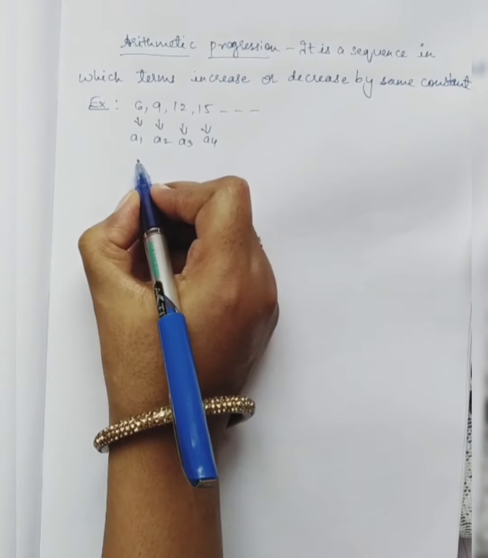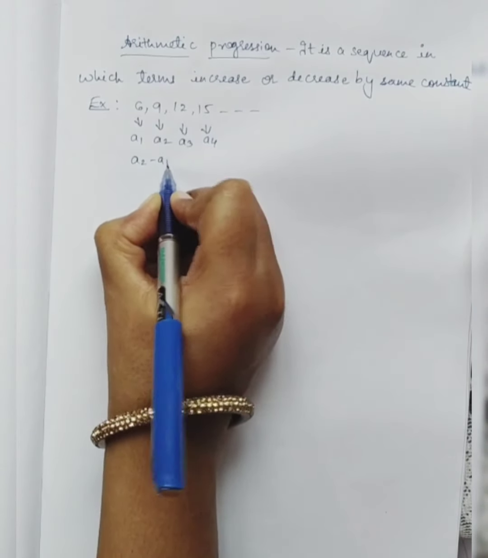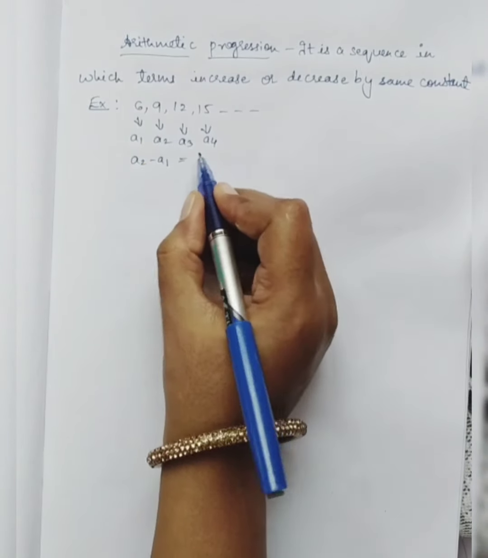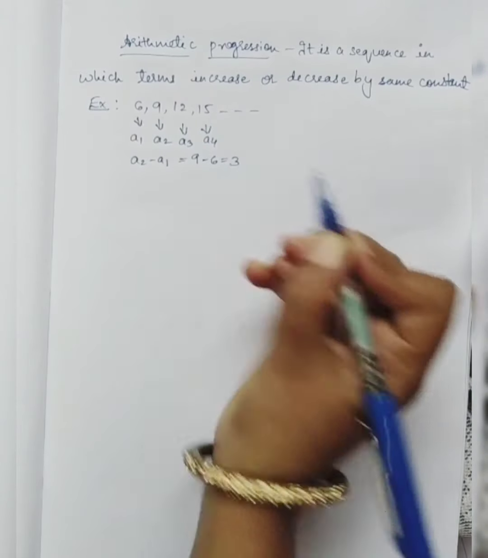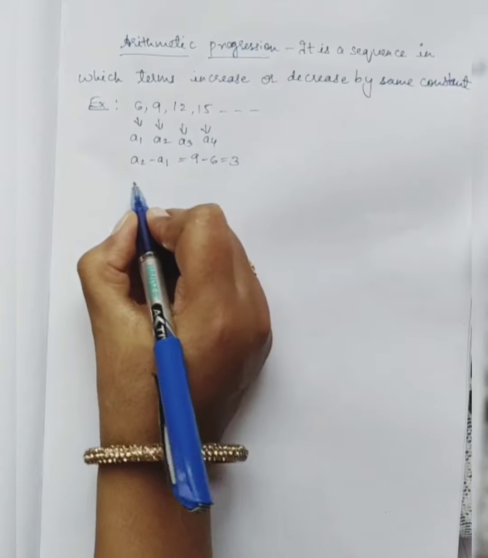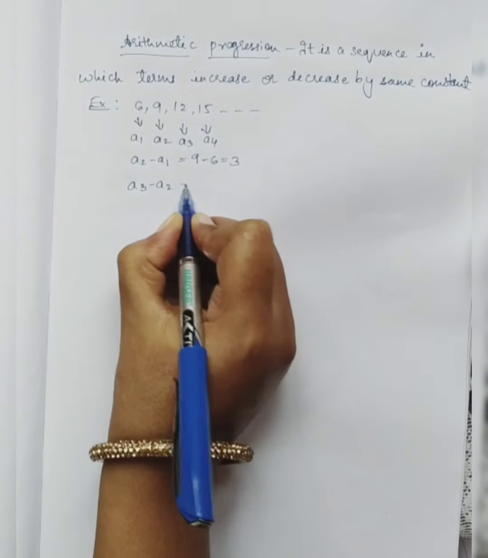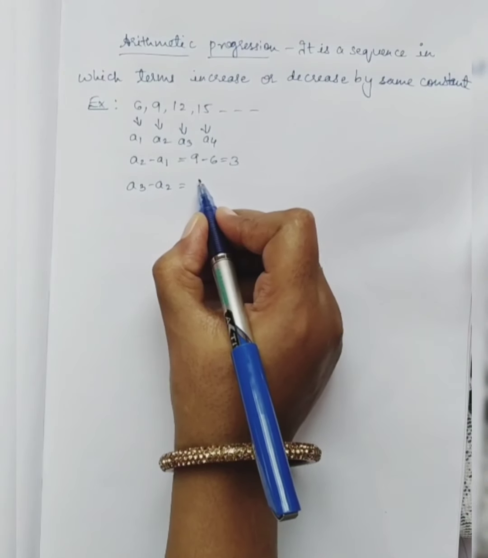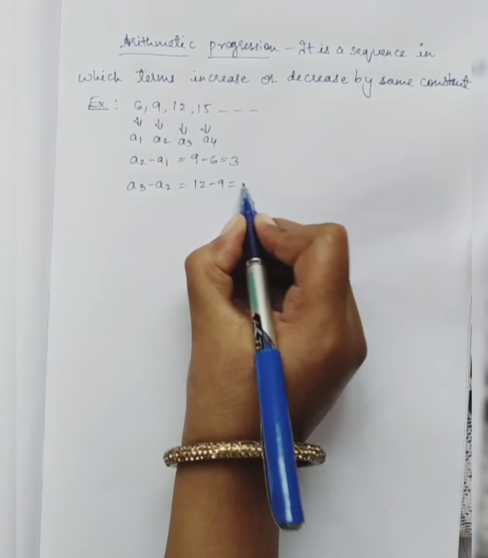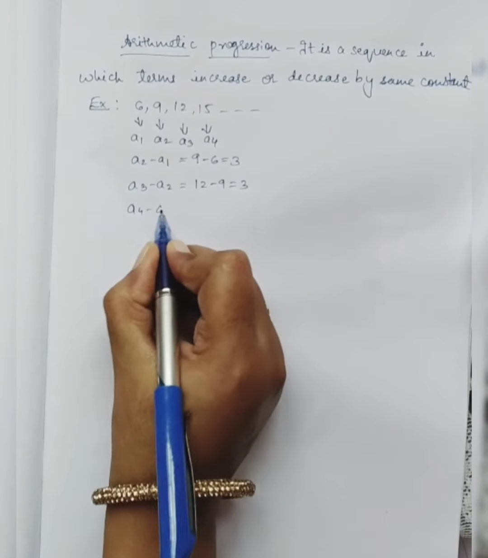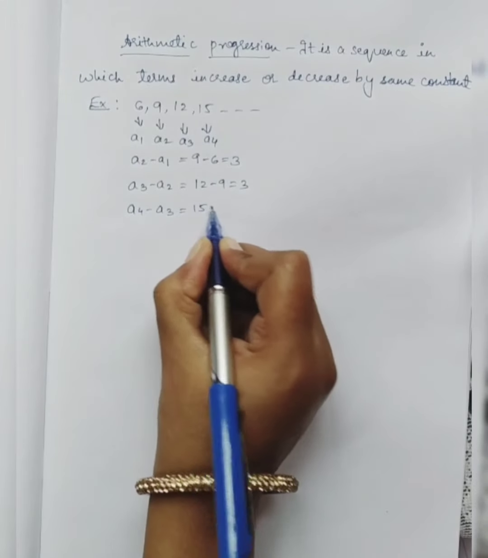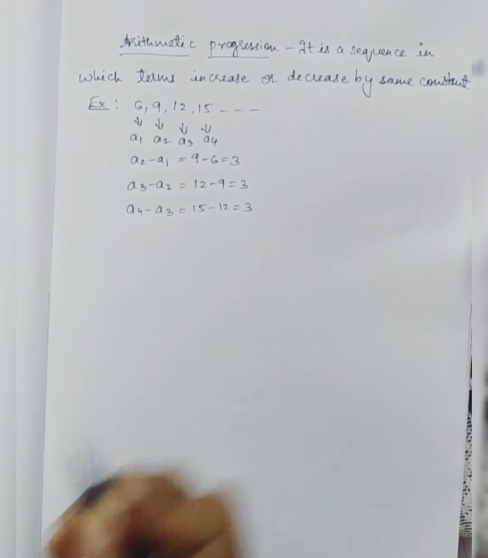So I am going to solve it as A2 minus A1, that is second term minus first term, is 9 minus 6, you are going to get 3. Then A3 minus A2. So you are going to get it as 12 minus 9, that is also 3. A4 minus A3, 15 minus 12, 3.